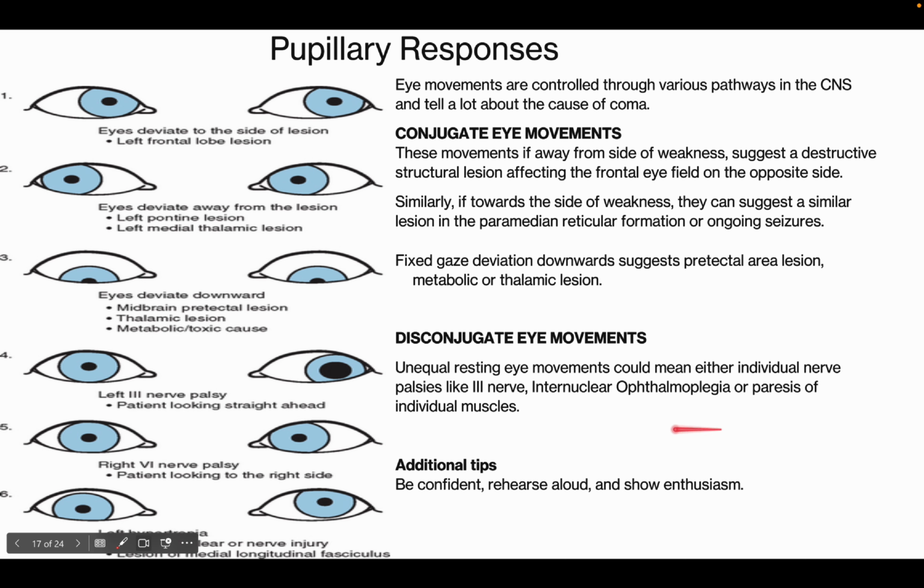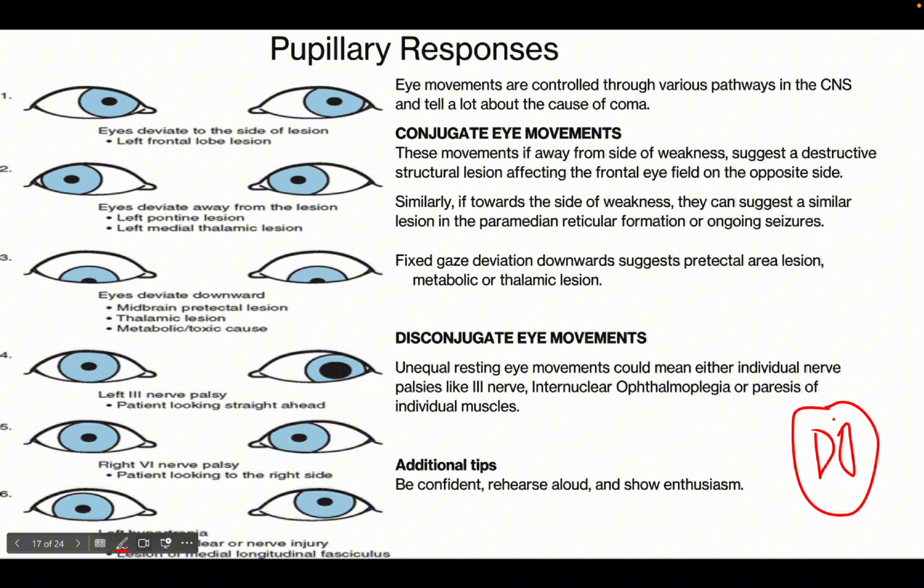I'm not very good at drawing, but imagine that this is the brain, and we've got, broadly speaking, the frontal lobes, parietal lobe, and the occipital lobe. And if you draw the ventricle, these two are the horns of the lateral ventricle.